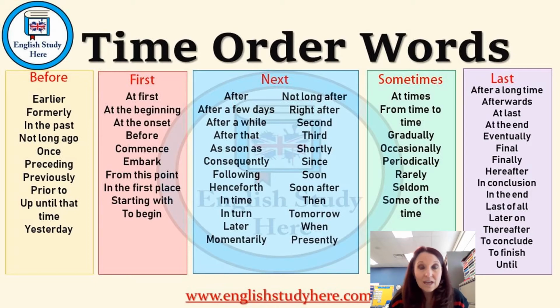Sometimes is also a time order word, and last. These are all words that you can use in your writing when you are writing events in order. And you should also be looking for these words when you read so that you can understand what event happened first, what happened after that, and what happened last.